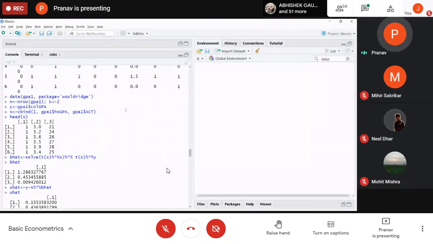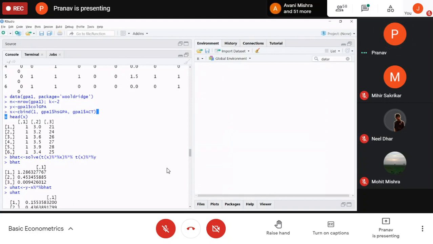This is my data matrix now, defined as X. How have I combined X? I have combined the vector of ones with the column vectors of high school GPA and achievement test score. If you have to look at this data matrix, you simply call the head function, which gives you the first 6 rows of the data set.